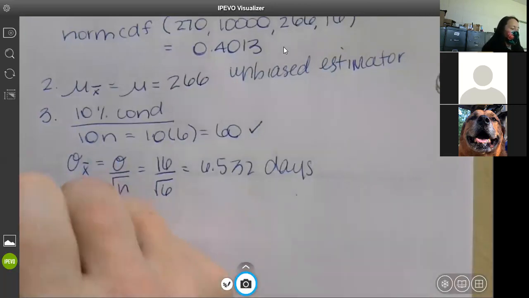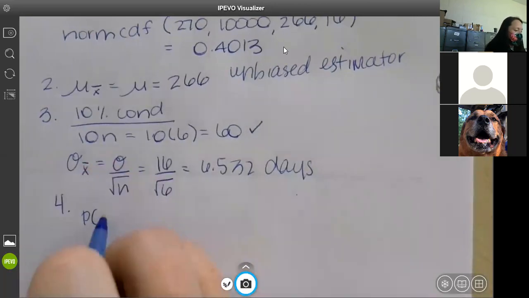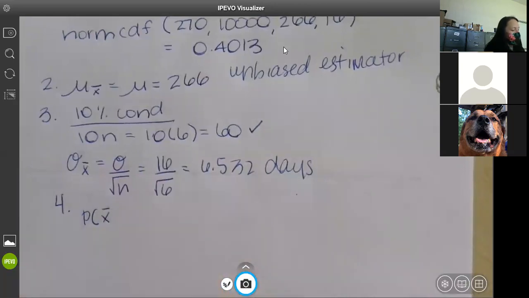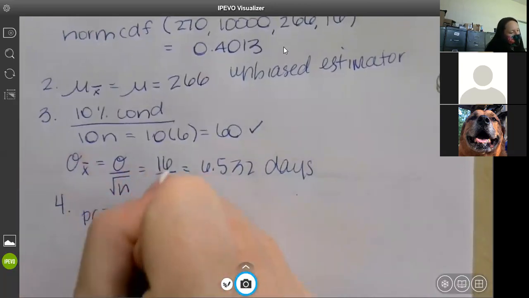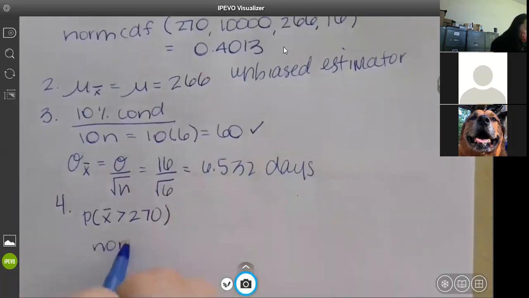All right, number 4, last thing, find the probability that the mean pregnancy length for the women in the sample exceeds 270 days. Show your work. So we're doing the probability. What do I write instead of X? X bar exceeds 270. Remember, the only thing that changes is the standard deviation, okay? So we're going to do normal CDF.